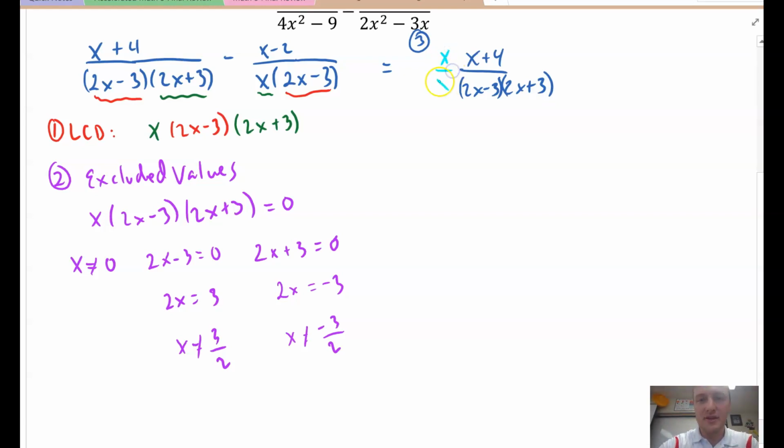So multiply in x over x. Okay, minus x minus 2 over x times 2x minus 3. Okay, and I'm missing 2x plus 3.